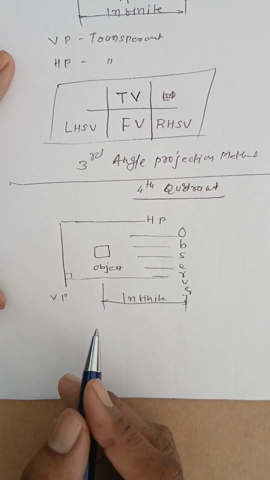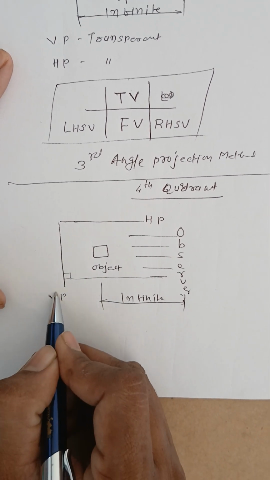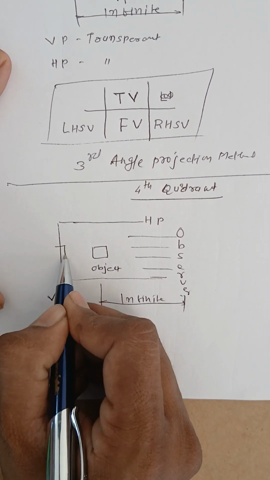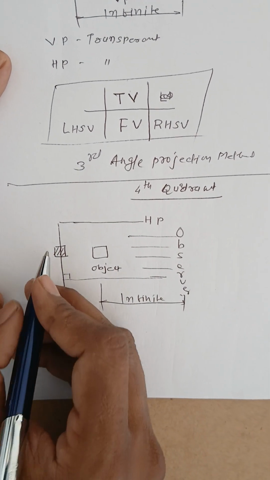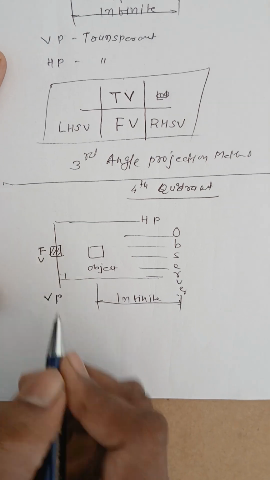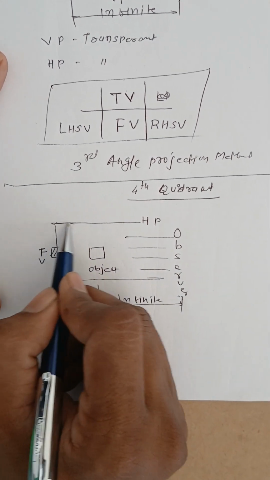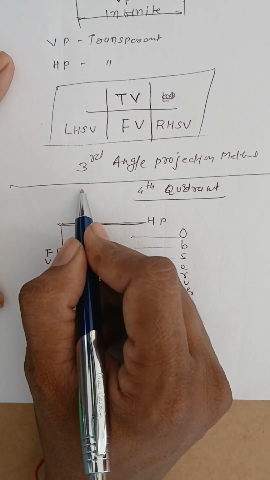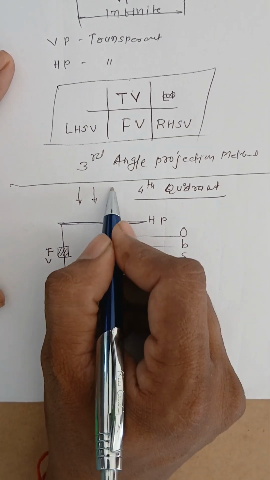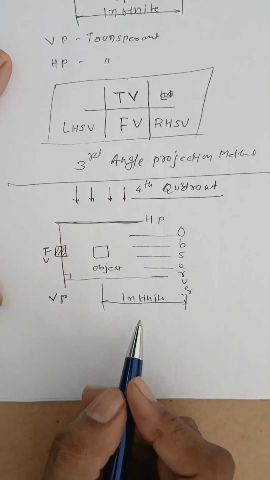Clear? So on this vertical plane, the front view is going to obtain when observer is looking the object from the front. This is my front view. Okay? On this horizontal principal plane, observer is now looking the object from the top. Okay?